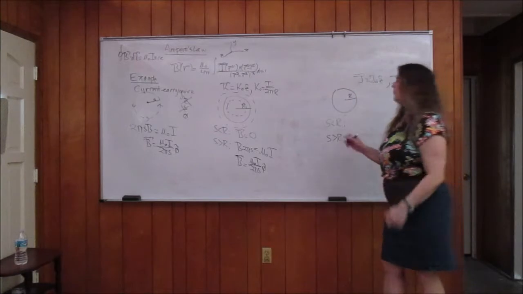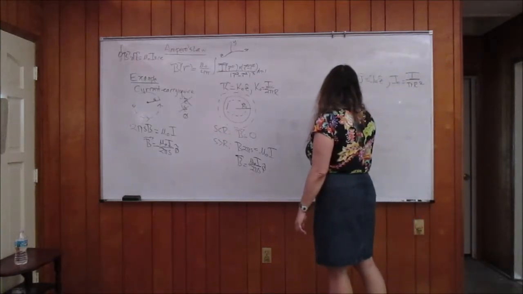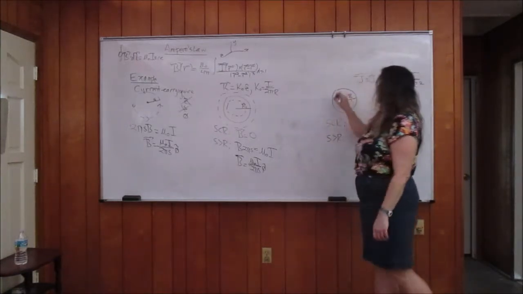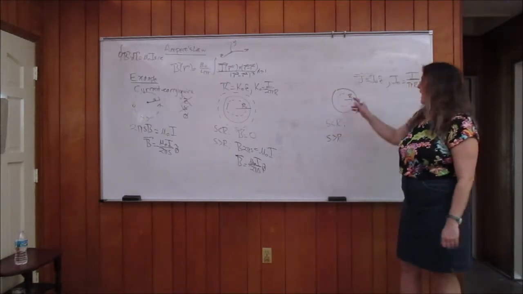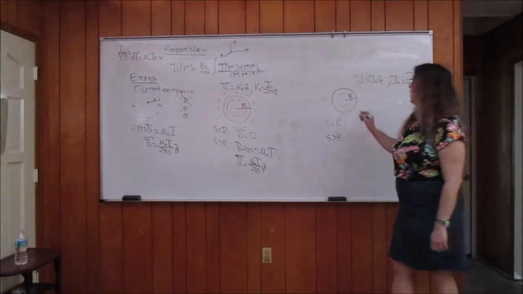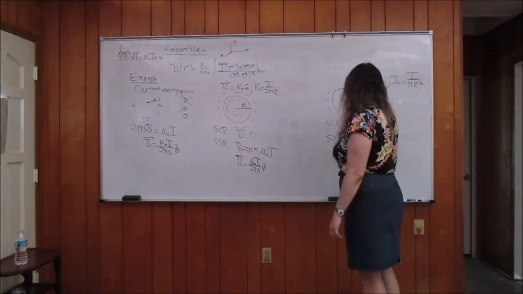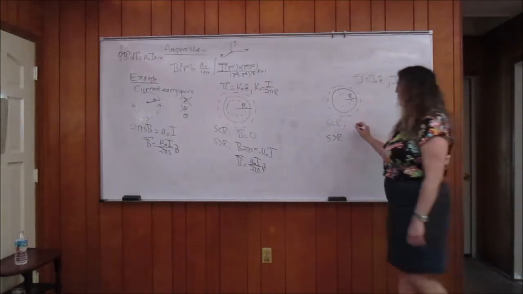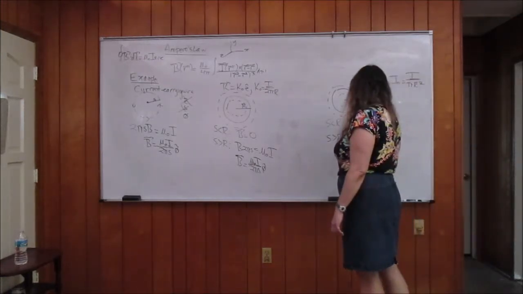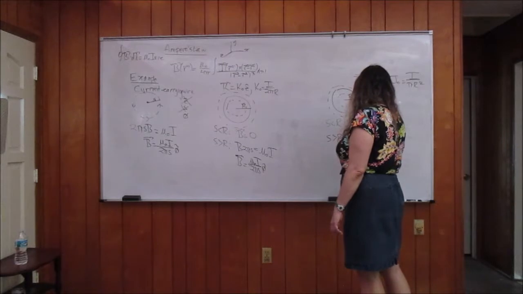Because this is uniform, I know that the magnetic field is going to have the same value around any circle that lies along the axis of the wire. So my Amperian loop, inside and outside. Inside, we have 2 pi s B.